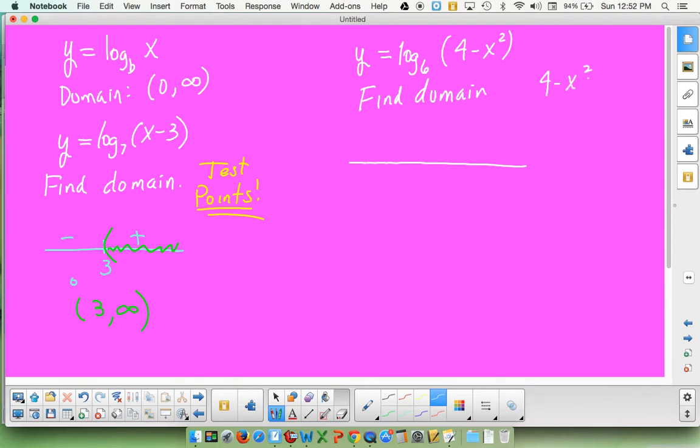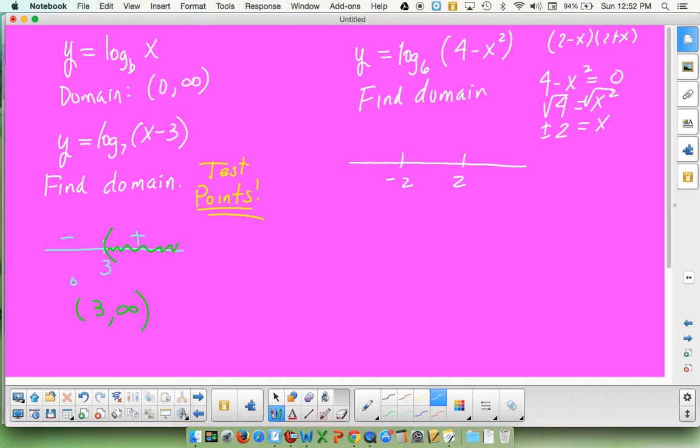Well, you've got two choices. You can either factor it or you can solve it. In this case, I'd probably just solve it. And when I square root both sides, I will get plus or minus 2. Note that it also would have factored as 2 minus x and 2 plus x, whichever way floats your boat. But I'm going to have those two numbers on my number line.